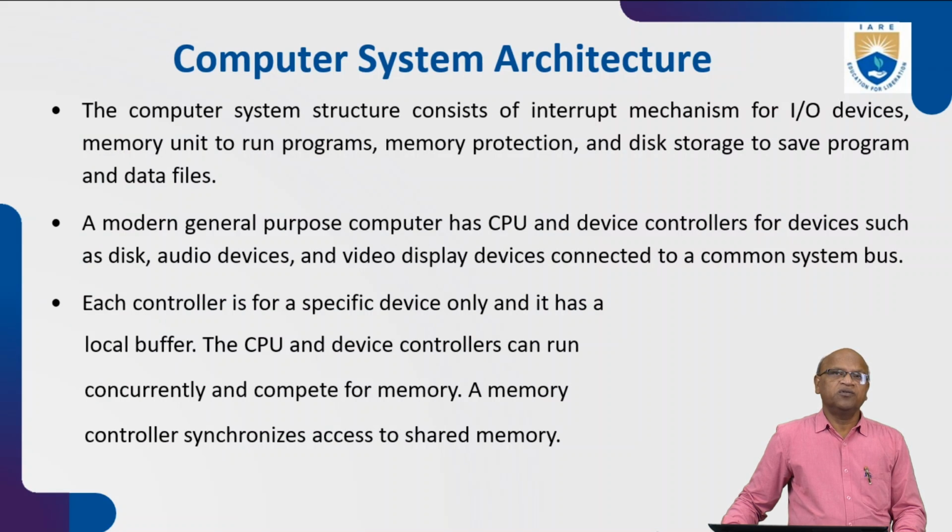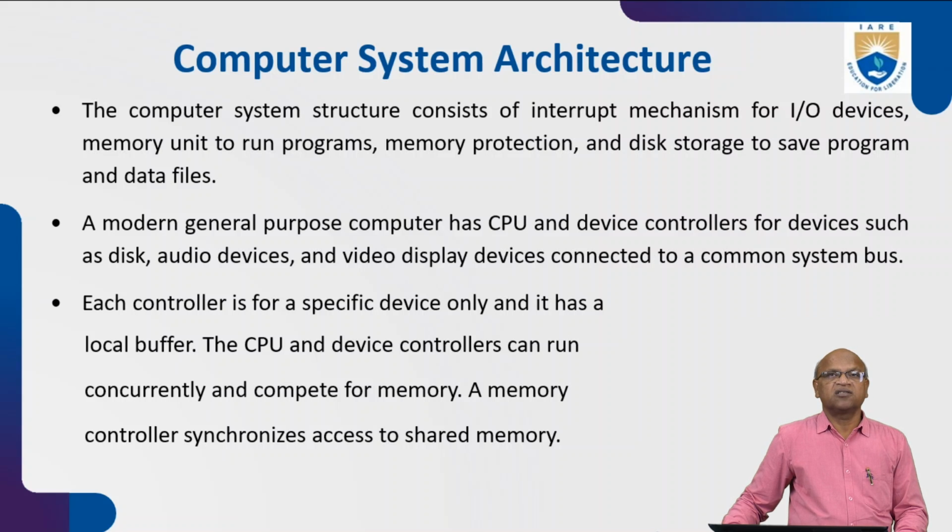Okay. The computer system structure consists of, we'll now discuss computer system architecture. As we know, there are different components in the computer: input, output, and a motherboard. In the motherboard, you have a microprocessor, and all these things we'll discuss one by one, how they interface to each other, and how the OS is coordinating all the work that is going on there.